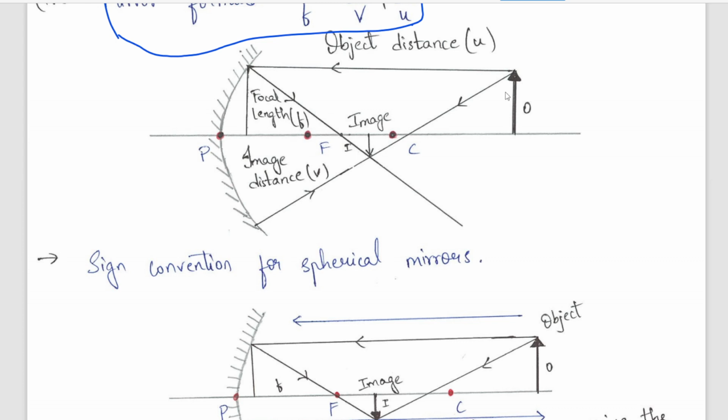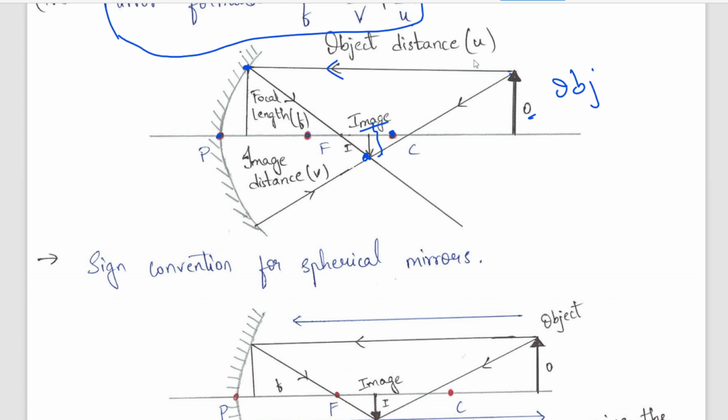This is a simple diagram you can understand here. The O is the object. Here we are getting an image I, and this is the pole, this is the focus, and this is the center of curvature. A light ray is falling on the mirror from the object, and it is reflected back through the focus. Another light ray is falling like this, and at the intersection point you are getting an image.